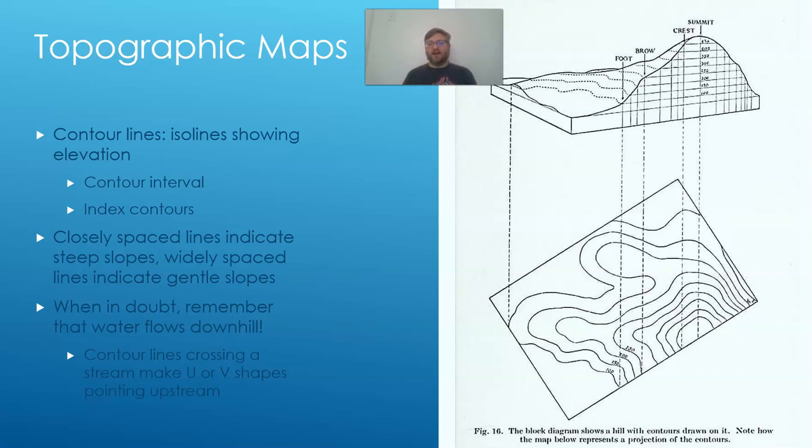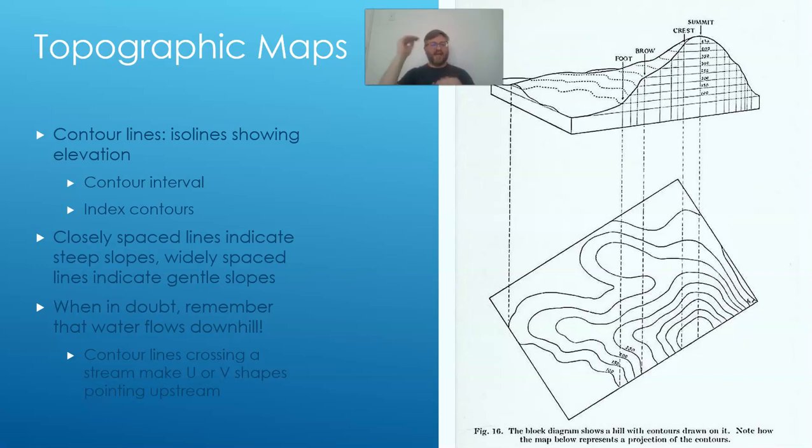Since contour lines are evenly spaced in elevation, we can use that to determine whether slopes are steep or gentle. If you see contour lines that are very close together, that means over a short distance horizontally, you're making a lot of difference vertically.